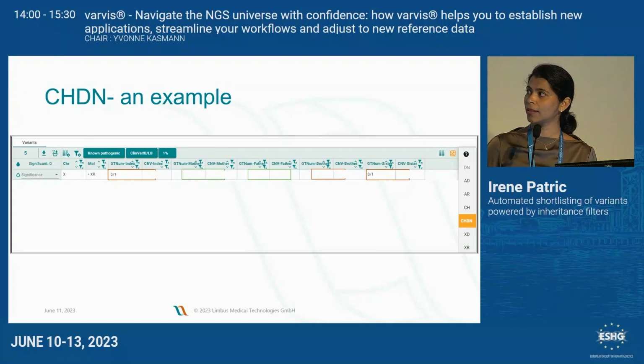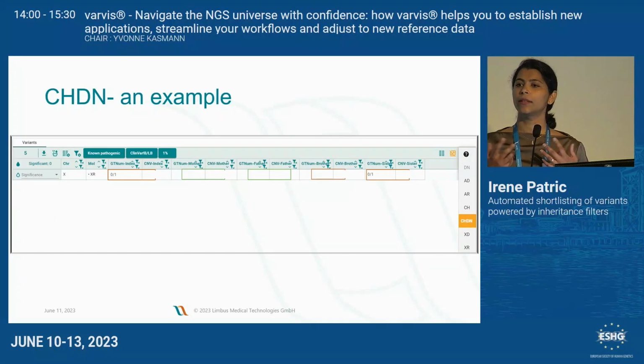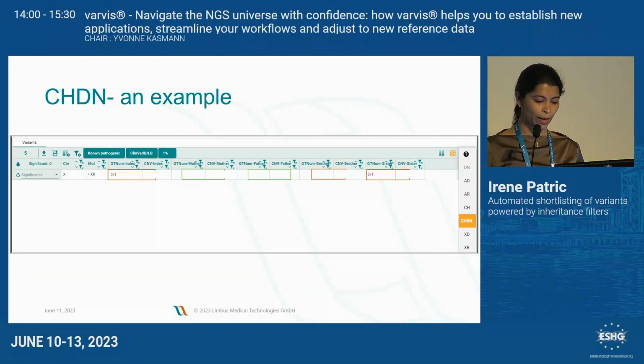Then you start digging: is this really an X-linked recessive disorder? Do I have to look for another variant? Have we missed another variant while sequencing? Is there a CNV? You go to the CNV view. So there's a lot of digging that is required, and this is made much easier for our users with Varvis.